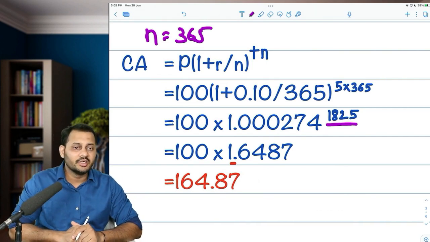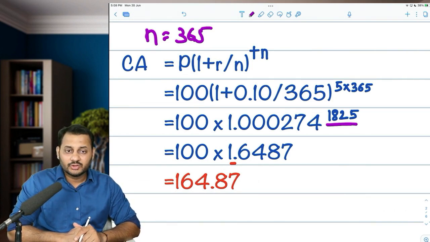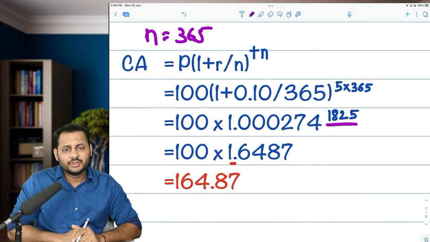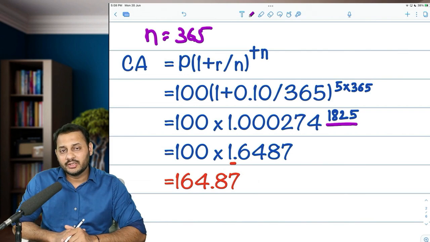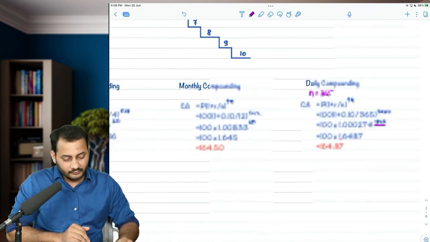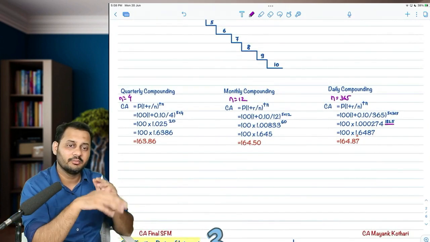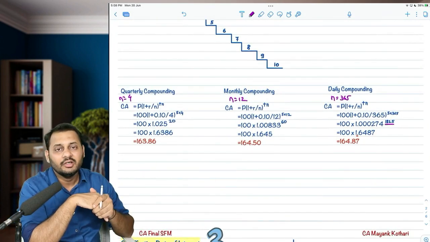If there is 365 in the numerator, in the power you will have to press equals 1824 times, and it is practically impossible. I will show you how to calculate that also later on. Not required right now. With a calculator, but with another technique, you will have to do that.